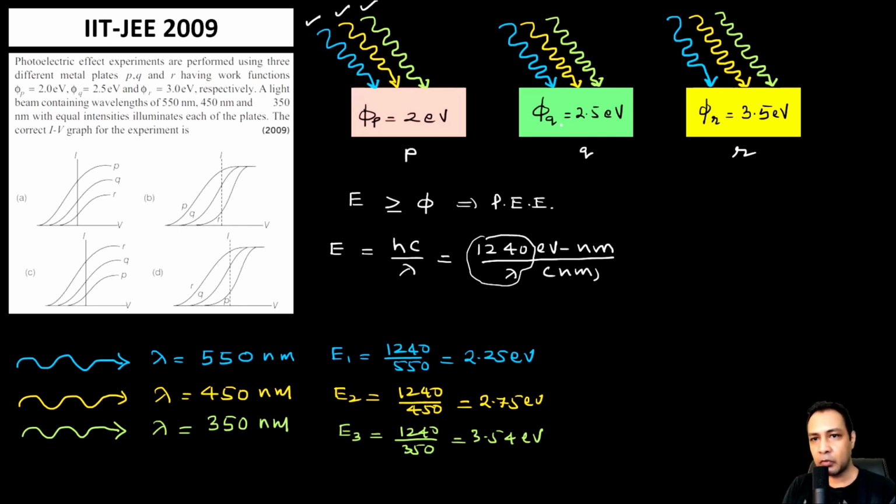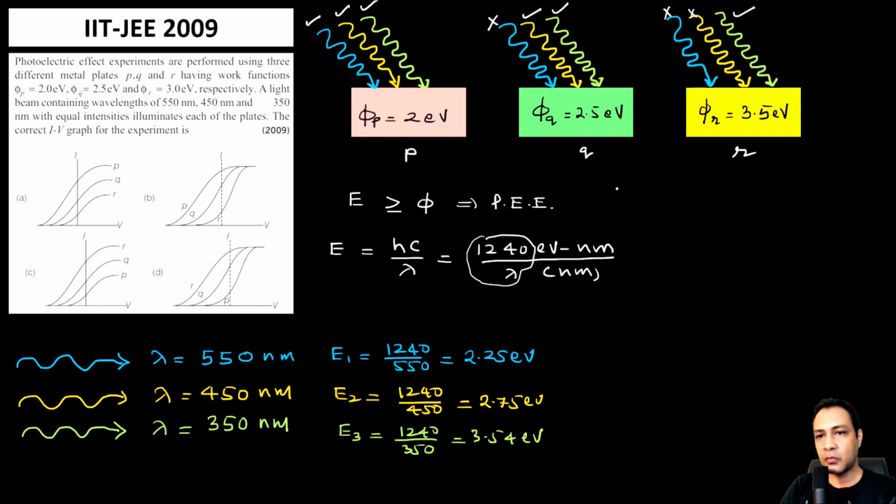For the plate Q, its work function is 2.5, and the photons having wavelength 450 and 350 have a greater energy compared to its work function. So these photons will be able to cause photoelectric effect. And for the plate R, only one wavelength, 350 nanometer, has an energy greater than its work function. So only this component of the light will cause a photoelectric effect.